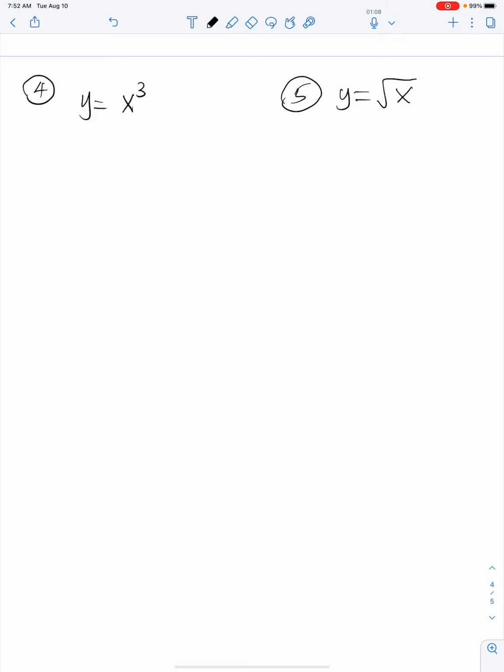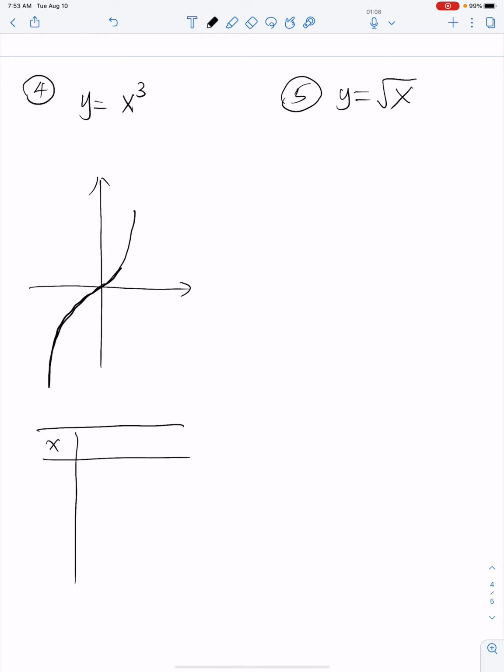So the next two functions that you guys need to practice are y equal to x cubed and y equal to square root of x. For y equal to x cubed, finally you should have a picture that looks like this. I will only try one: x, y equal to x cubed.